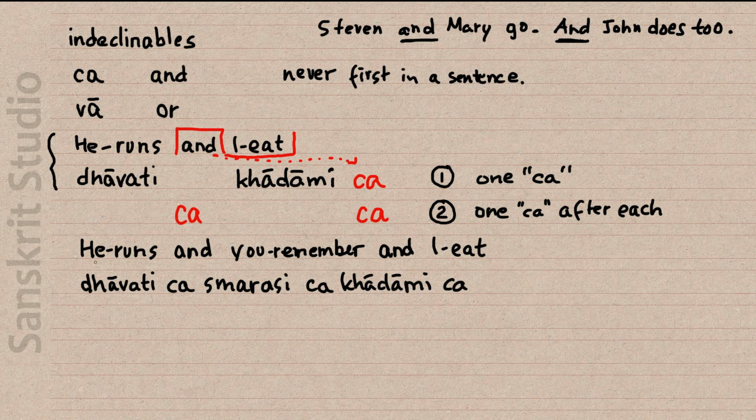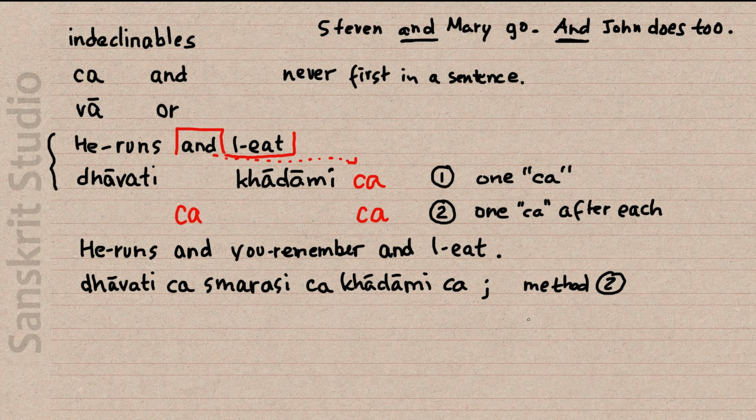So here in this case then, he runs and you remember and I eat, we are using method 2 here. So one cha after each connected word. Dhāvati is a verb, and smarasi is a verb, and khādami is a verb. And because we have three verbs, we have three cha.